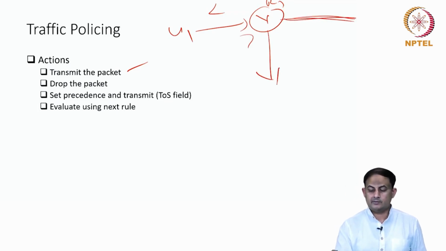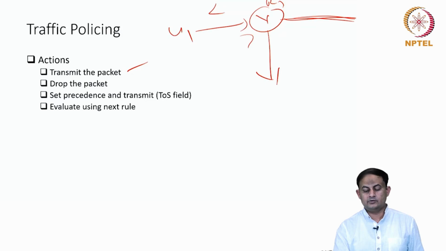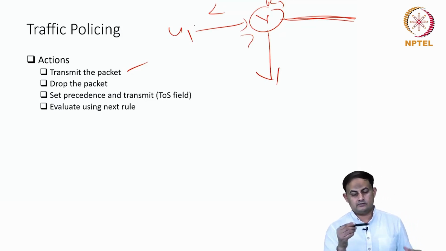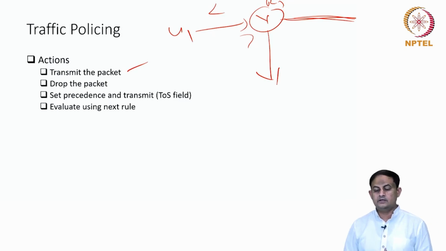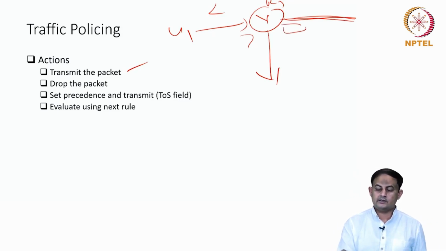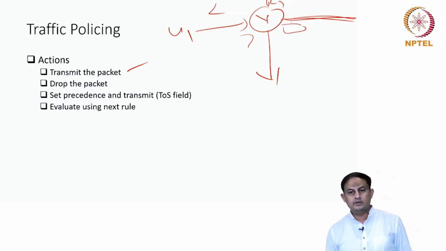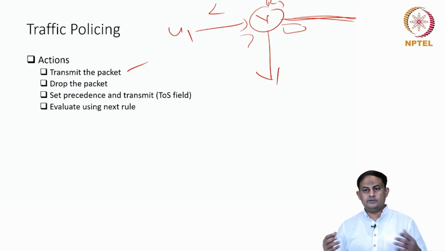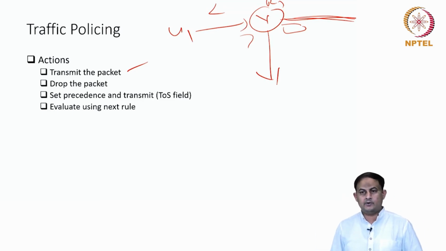If there is spare capacity available at the outgoing link, and in spite of that the user is transmitting traffic in excess of the agreed rate, then you mark the packet and send it to the next stop. Whether to drop or mark, and who is transmitting, the choice of what action to apply to a particular series of packets is done through the classifier, which we studied earlier.